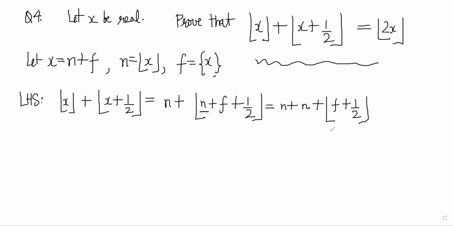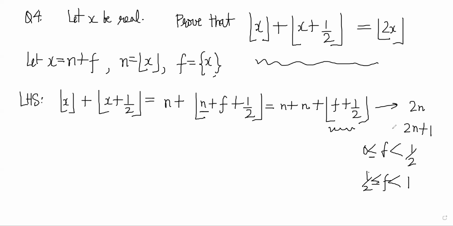And basically, you have two cases. F could be 0 less than f less than half, in which case f plus half is less than 1, so it is 2n. And the other case is f from half less than f less than 1, in which case this side becomes 2n plus 1, right?